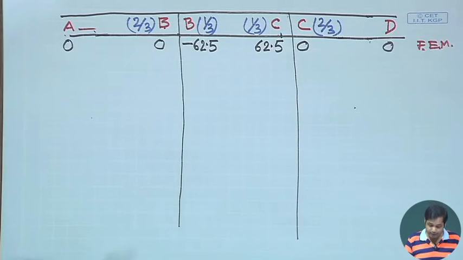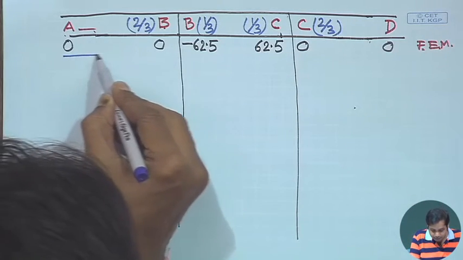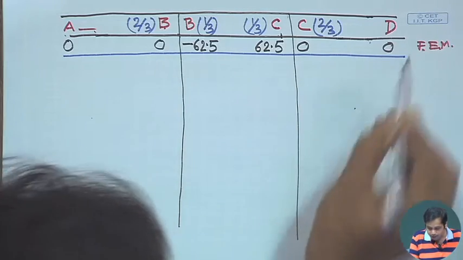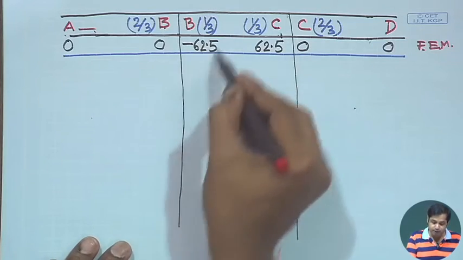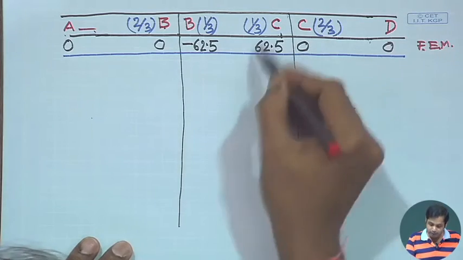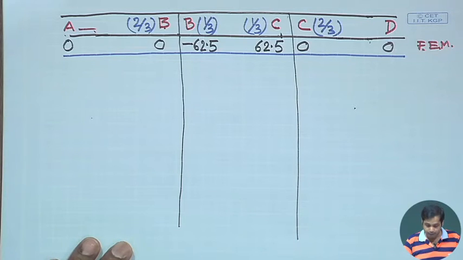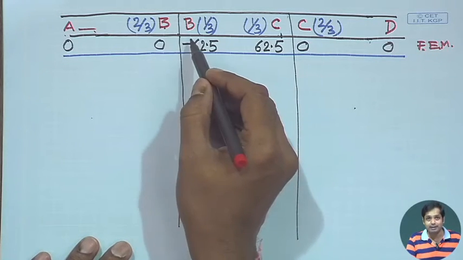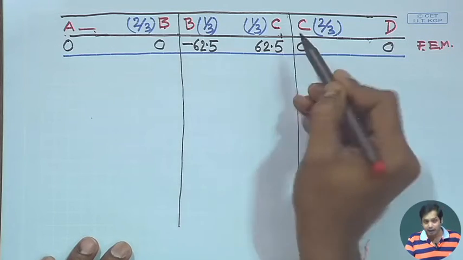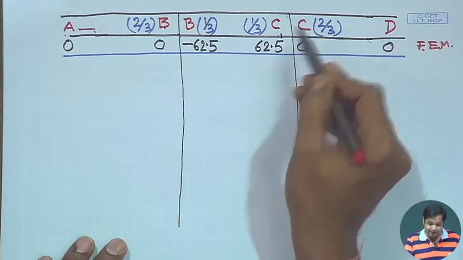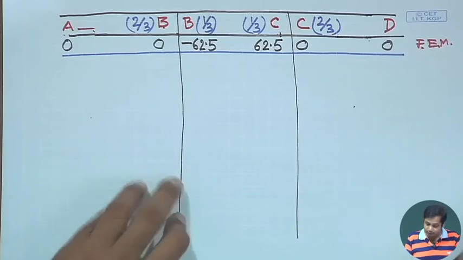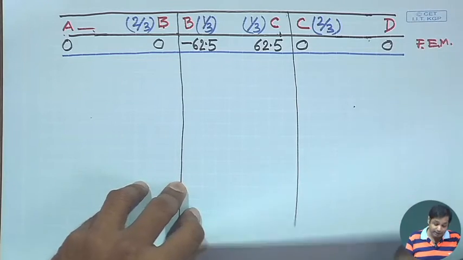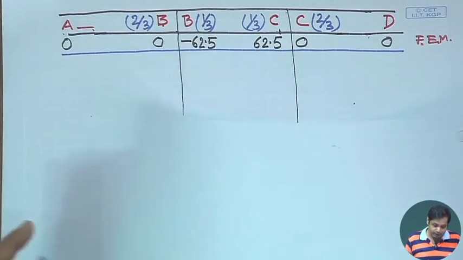Now next, we need to check the status. The status means whether the equilibrium is satisfied or not. So this is your first line. Naturally, equilibrium is not satisfied at joint B and at joint C, because at joint B you have an unbalanced moment of 62.5, and at joint C you have an unbalanced moment of 62.5. What we have to do is apply a balancing moment of 62.5 at B and minus 62.5 at C, and that balancing moment will get distributed in different members.